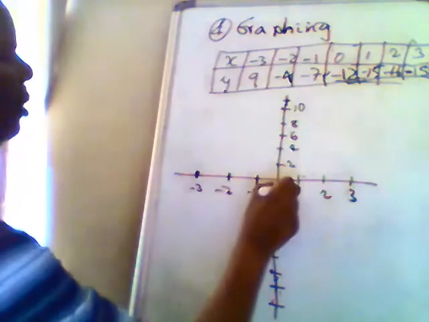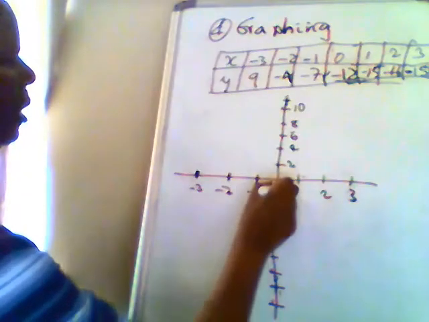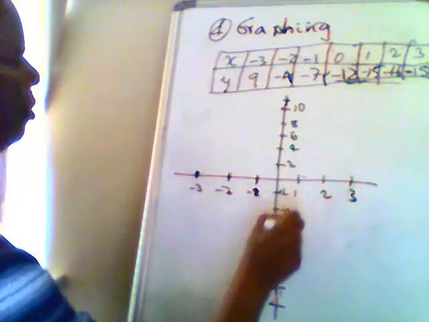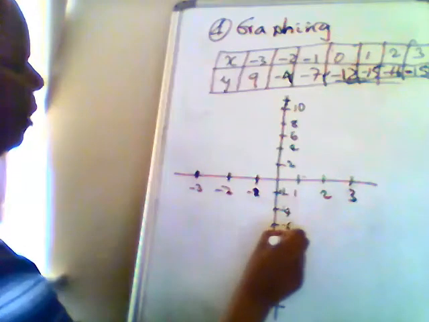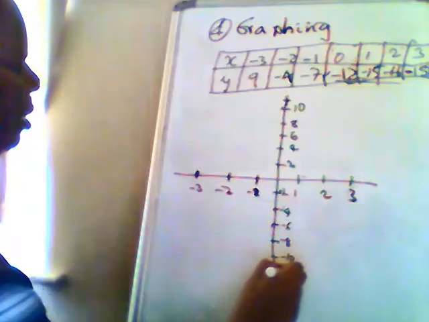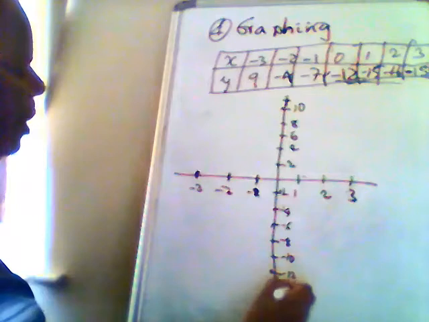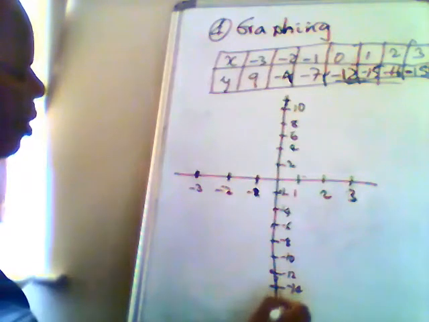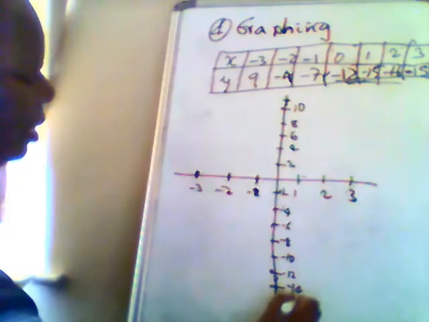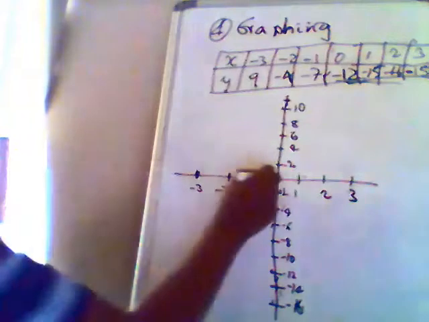So that's minus 2, minus 4, minus 6, minus 8, minus 10, minus 12, minus 14, minus 16. Okay, so this is 0.